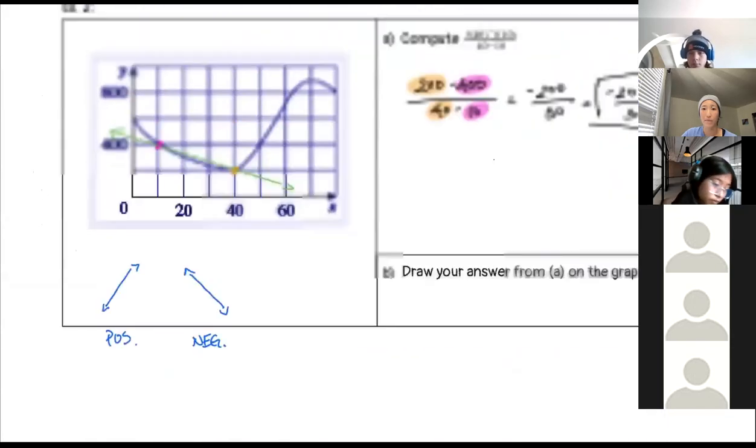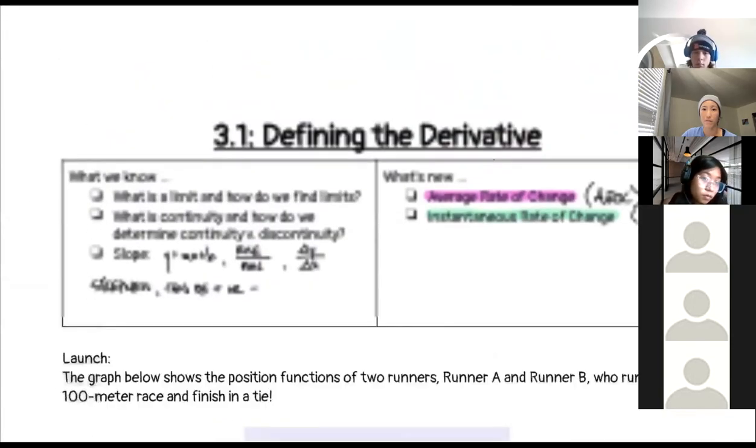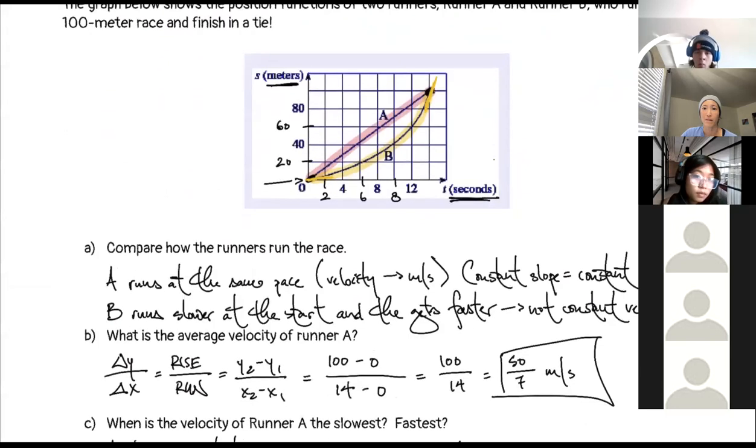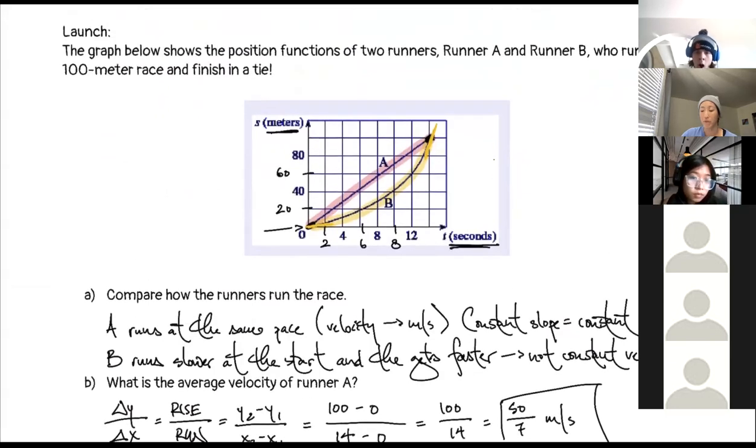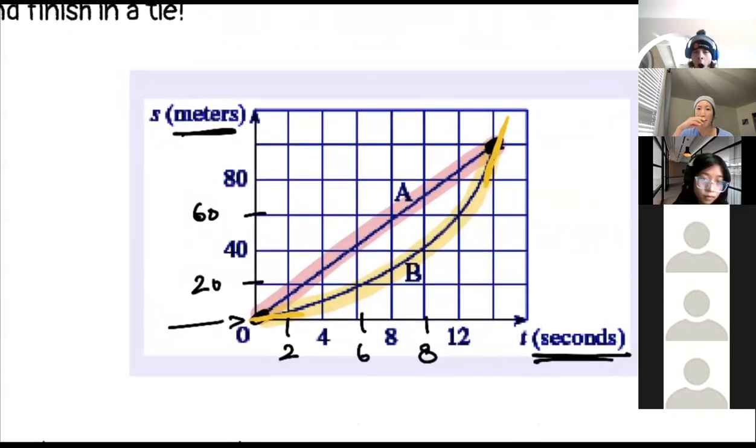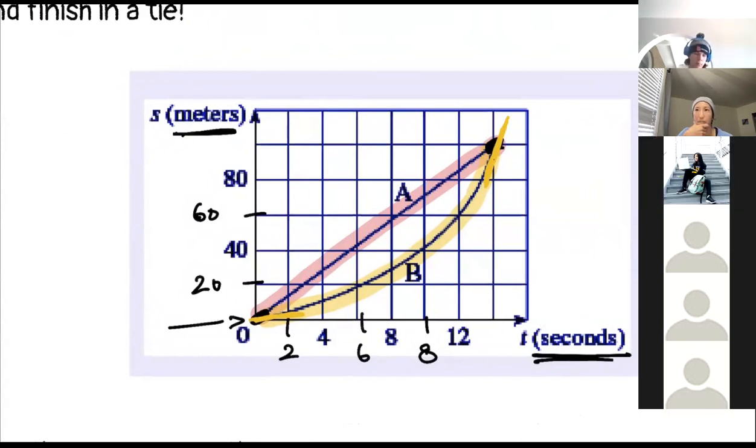Let's go back to where we started from. We started with a picture that I would say most of us felt pretty comfortable looking at, right? We knew that A was a constant velocity. We knew that B was different.